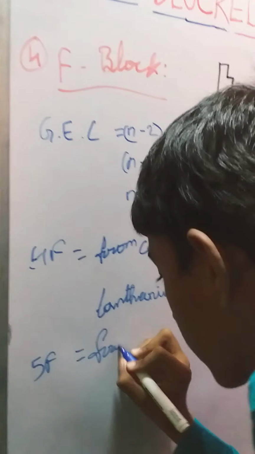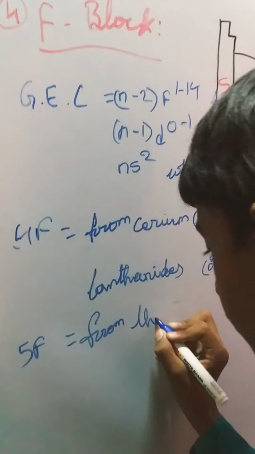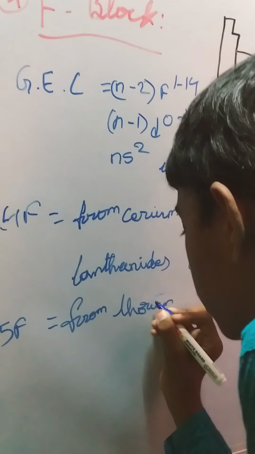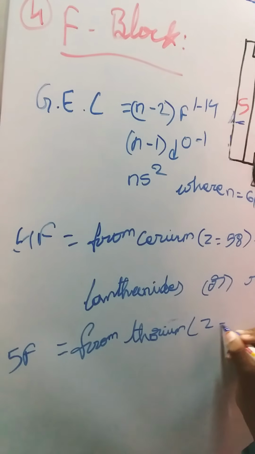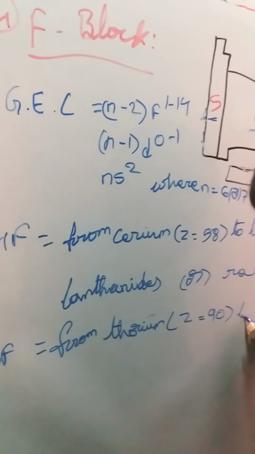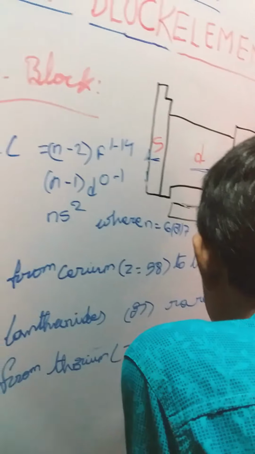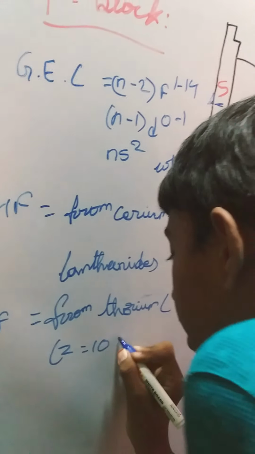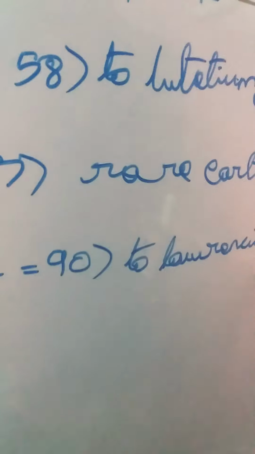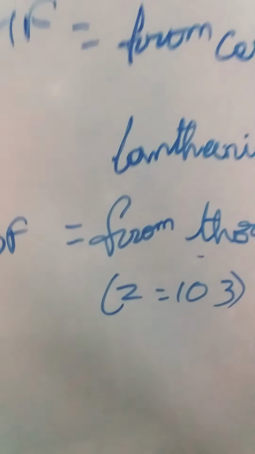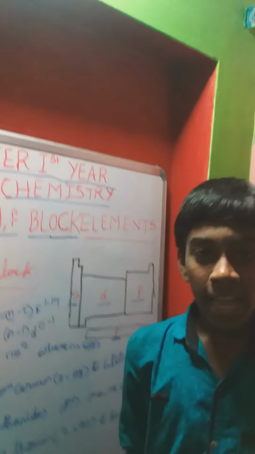Next one, 5F series: from thorium, Z equal to 90, to lawrencium, Z equal to 103. The elements of this series are called actinides.